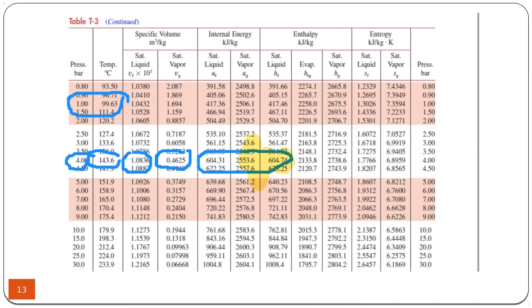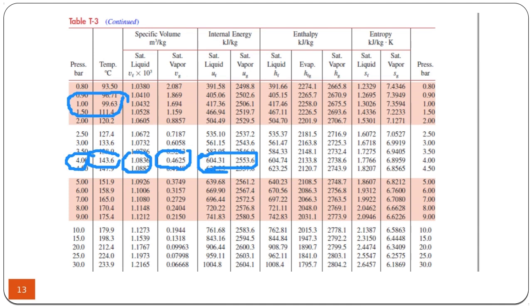So these are the internal energies given for this saturation pressure of 4 bar, and the corresponding saturation temperature is 143 Celsius. And the next three columns belong to enthalpies.